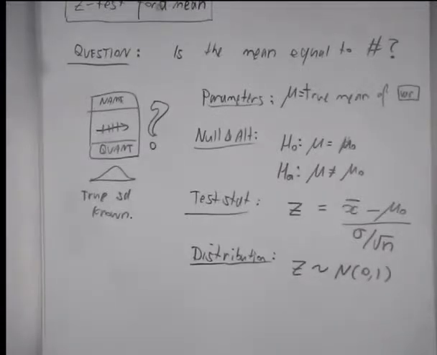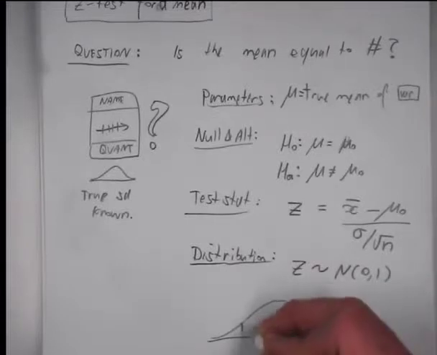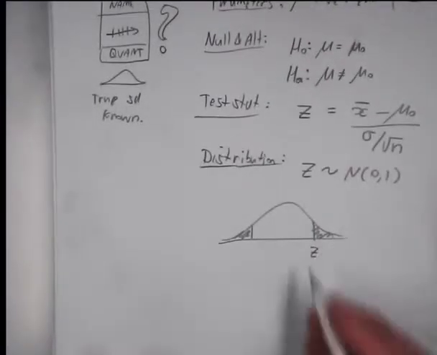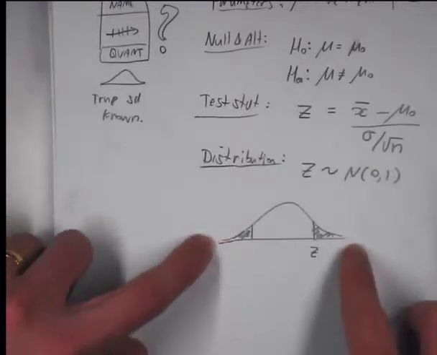Okay? And then once you've got that, you should probably draw a picture of it. So that's your Z that you calculate either there or there, depending on whether it comes out as plus or minus, and your p-value would be the bit outside.